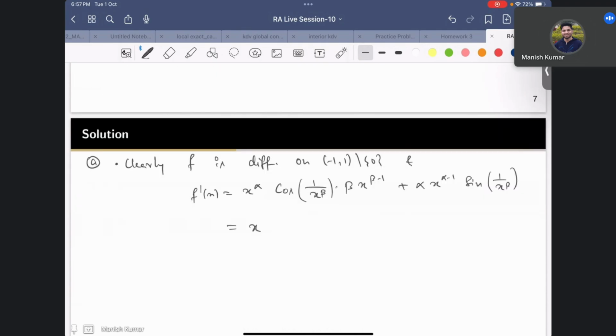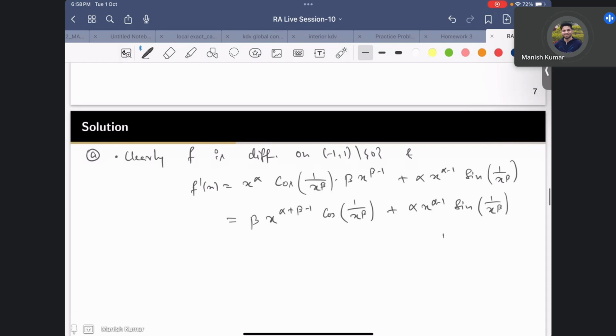Let's just combine this up. So I'll have β x^(α+β−1) cos(1/x^β), and here I'll have α x^(α−1) sin(1/x^β). So this is how my derivative will look, when x is not equal to 0.